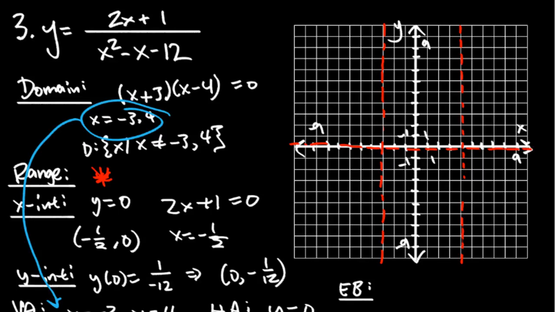The x-intercept is -1/2, comma 0. Okay, that's interesting. This thing is on the horizontal asymptote. Is that okay? Yeah, that happens sometimes. And it's 0, -1/12. Okay, so it's like there-ish.